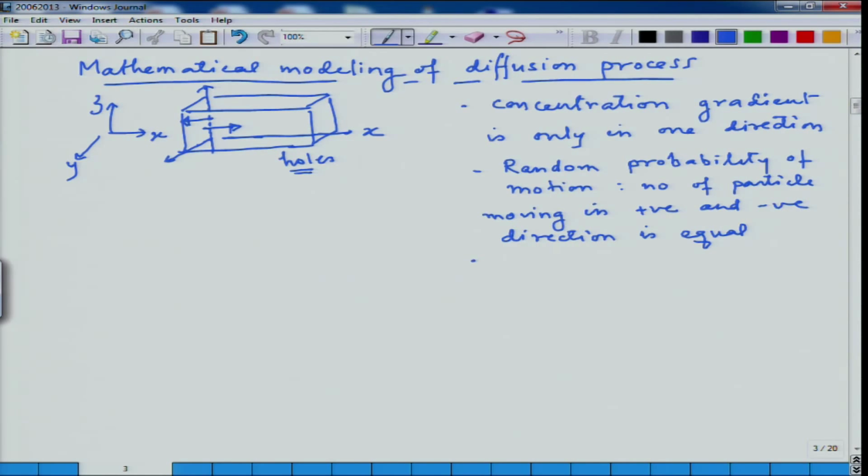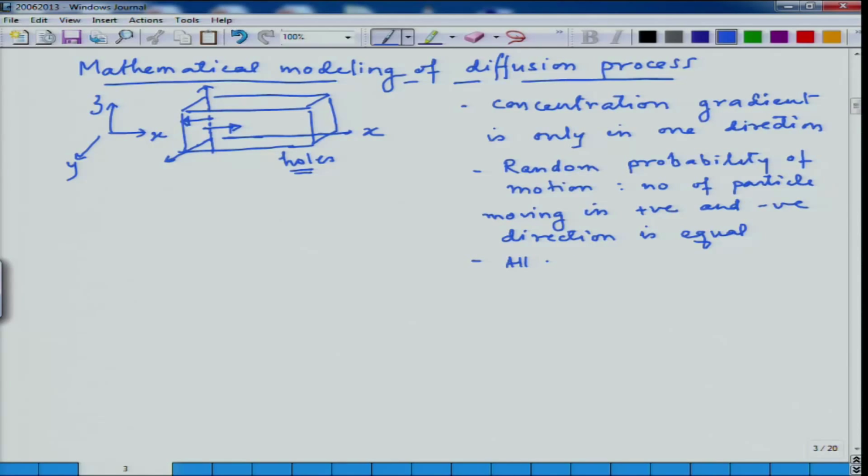We further simplify the problem, because if the motion of holes in the semiconductor is completely random, then they are all moving with a certain velocity distribution. In order to simplify the problem, we will say that all holes are moving with the average velocity of V bar.